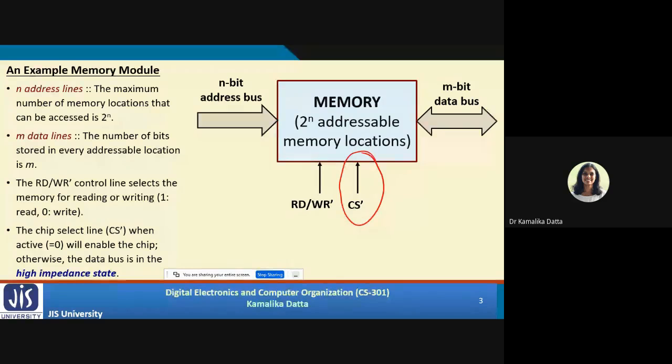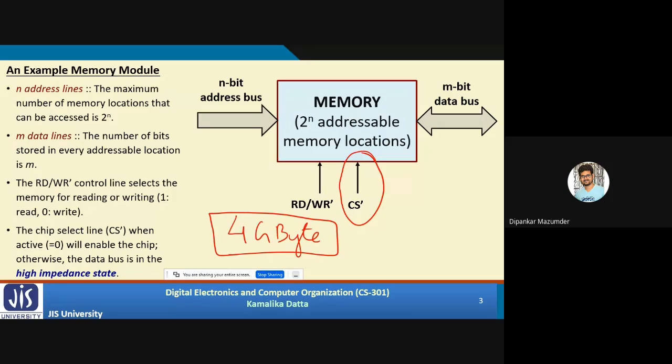Now let me tell you the concept. When you buy a computer and somebody says that you have 4 GB of memory, what do you think? Do you think that your entire memory is just one module and the entire module is 4 GB? Dipankar, what do you think?